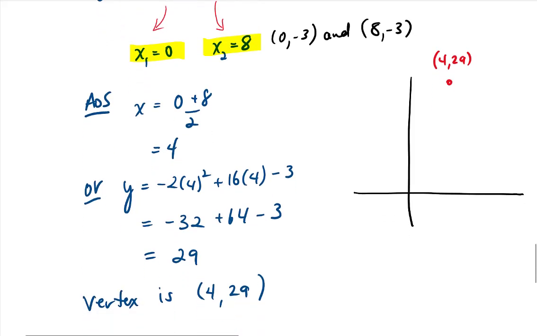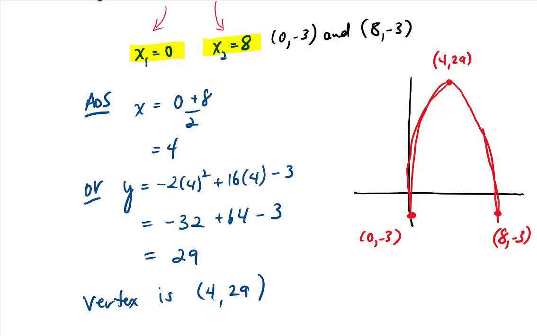So if we add those to the graph, (0, -3) would be somewhere here, and (8, -3) would be equal distance from the axis of symmetry and the same height as the y-intercept. So this is good because our parabola opens down, and from our equation we saw that there was a negative a value.